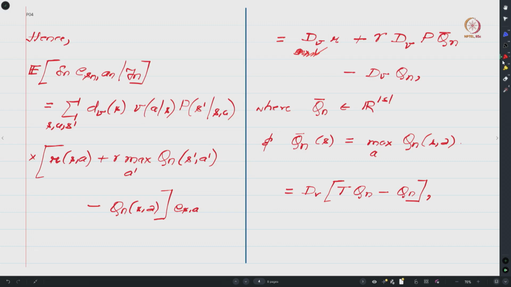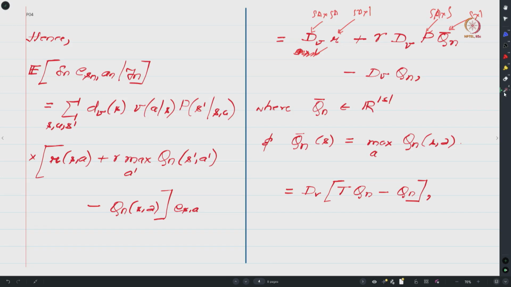So d nu over here is the SA cross SA matrix, R is your SA cross 1 vector, P here is basically your SA cross S matrix, and your q bar n is your S cross 1 vector.